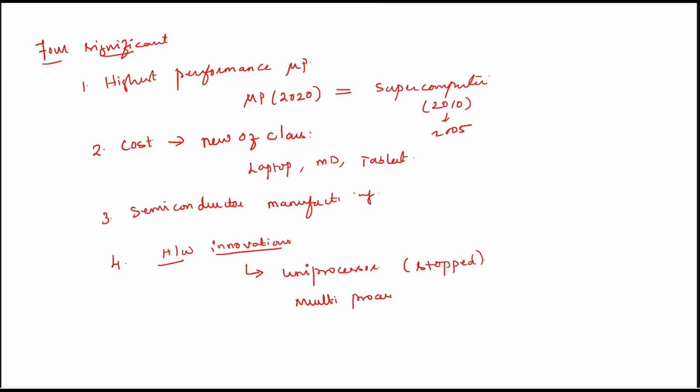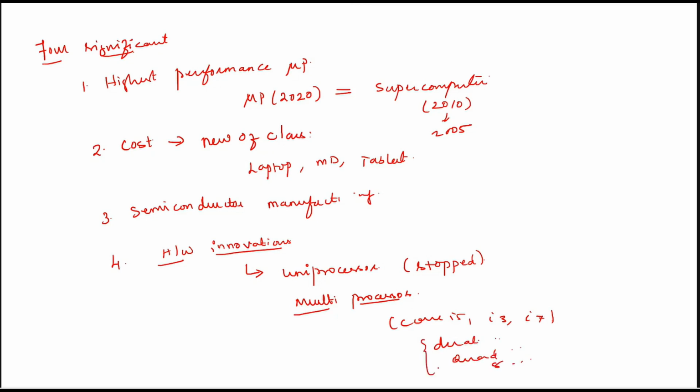Multiprocessor. You got it. Nowadays when you take any processor, you may come across Core i3, i5 or i7, and dual core, quad core or 8 core. You got it or not?